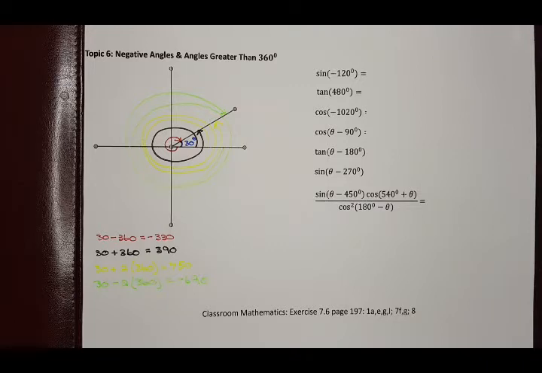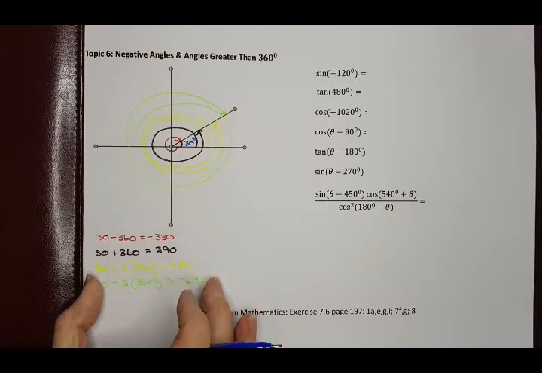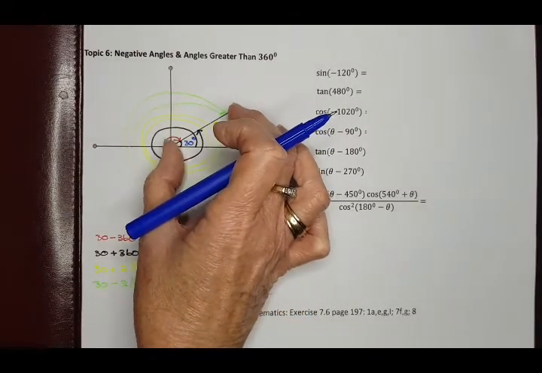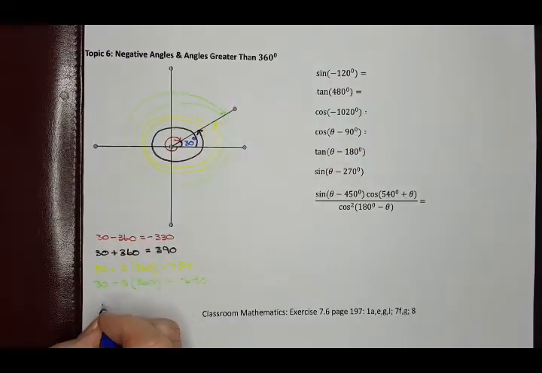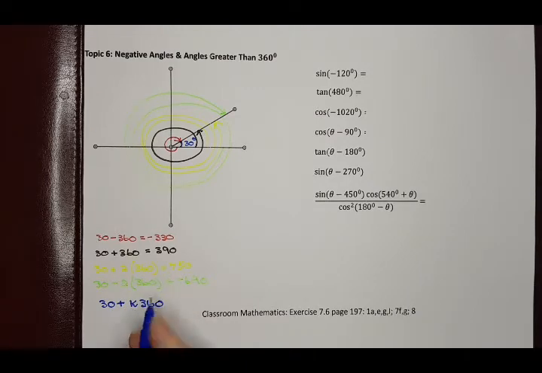And so the way we are going to write this down is we're going to say all those angles that finish in that place over there are 30 degrees plus some multiple of 360, and k has to be an element of the set of integers. It can be either positive or negative.